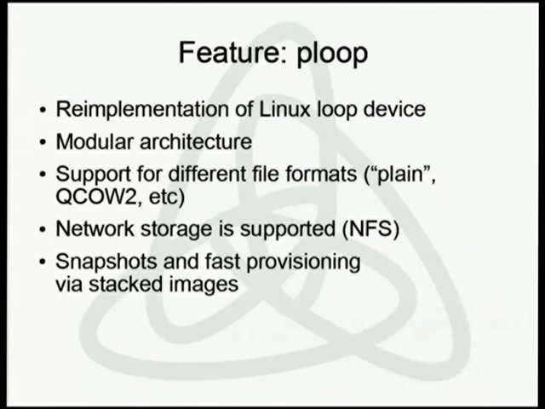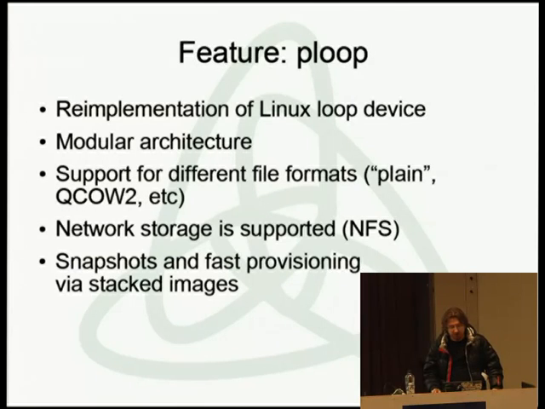And when more space is needed, the file grows. For that, we need to keep in mind the mapping between the inside blocks and the on-file blocks. So there is a model that supports that translation, and you can have different formats, like the one used by KVM and QEMU and so on.